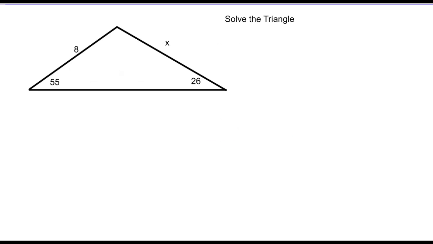So in this case, you'll notice I have 2 angles and a side, so I want to use the law of sines. I'm looking for x, so that side over the sine of its opposite angle is equal to another side, 8, over the sine of its opposite angle.